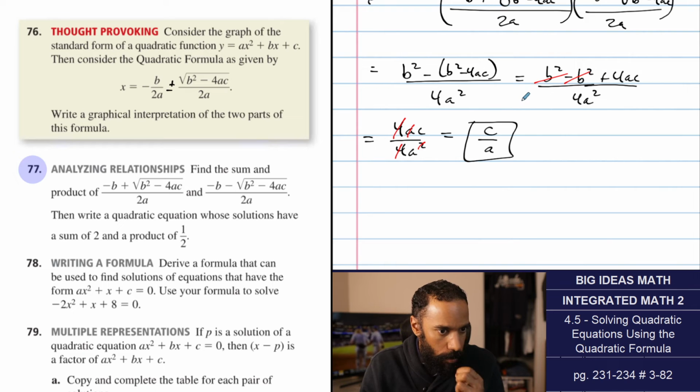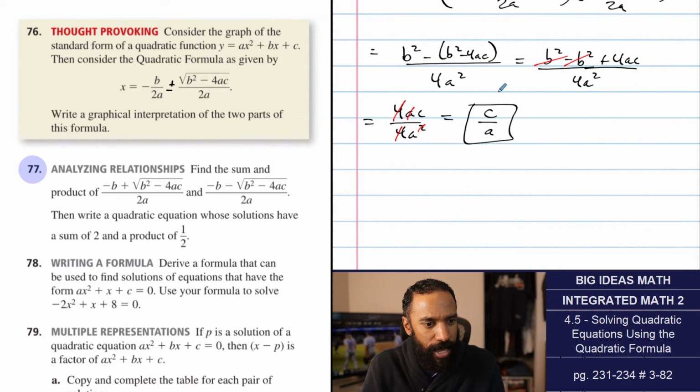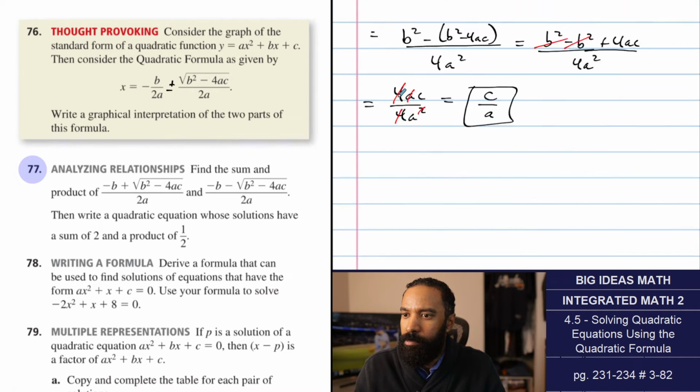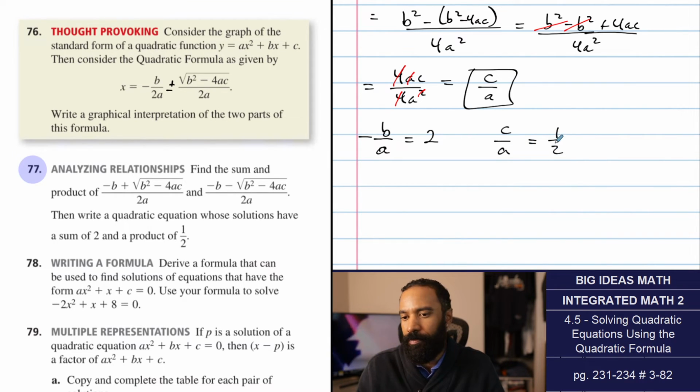So we need, write a quadratic equation whose solutions have a sum of 2 and a product of 1/2. So what was the first one? Negative b over a needs to equal 2. And c over a needs to equal 1/2.